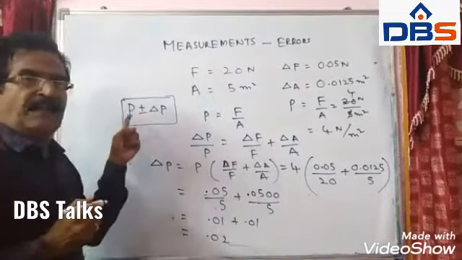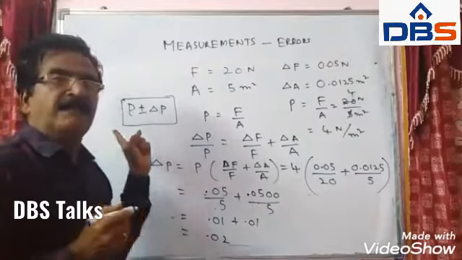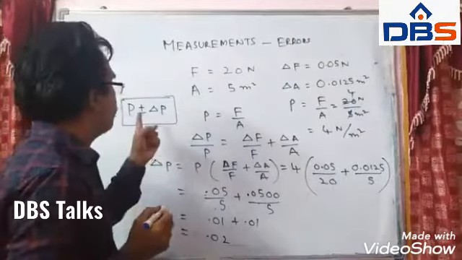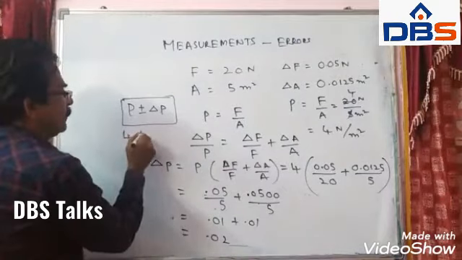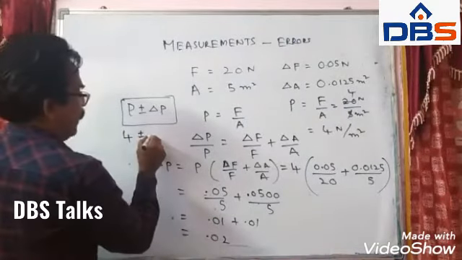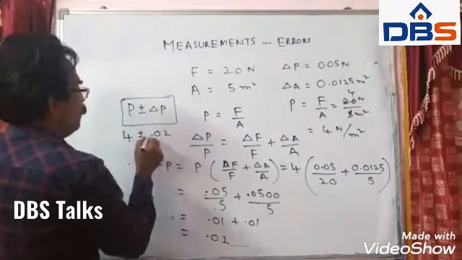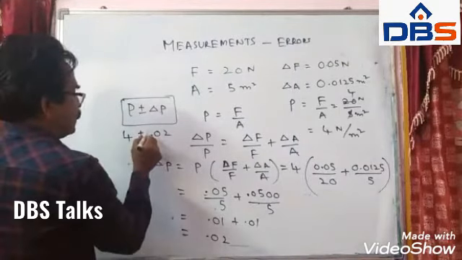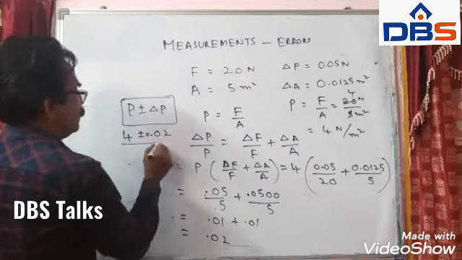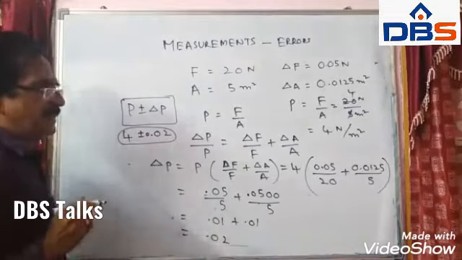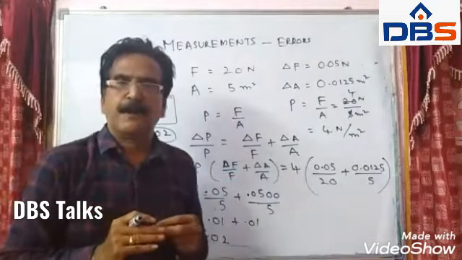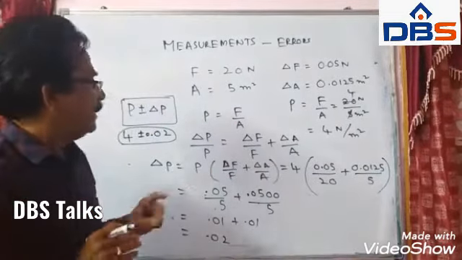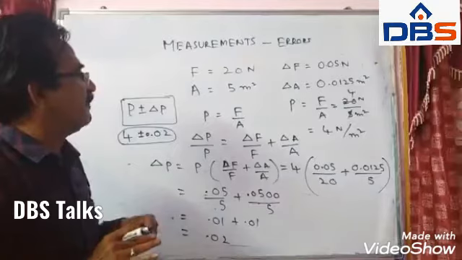So what is our final conclusion? Pressure with absolute error is P plus or minus delta P. P is 4, plus or minus delta P, which is 0.02. So 4 plus or minus 0.02. This is our final answer, friends. The problem is very clear. Everything is given.